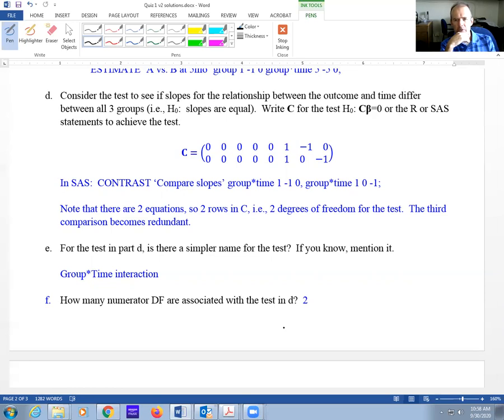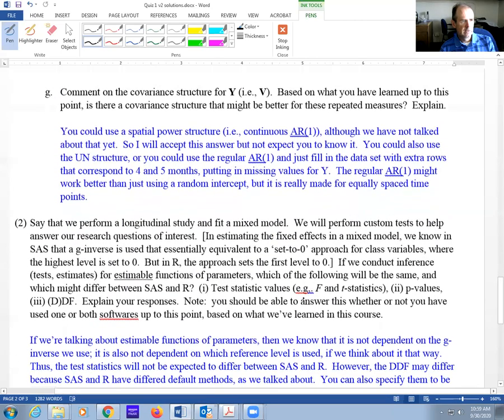You can use 2 equations to express the test. In this case, you need contrast in SAS. It won't work in estimate because you have multiple rows. You need to use a contrast and do an F-test. So this is the group by time interaction, just another name. It should come out with the default output, even if you don't ask for the specific test, with 2 degrees of freedom.